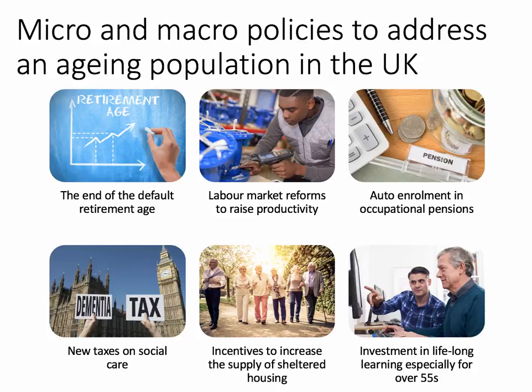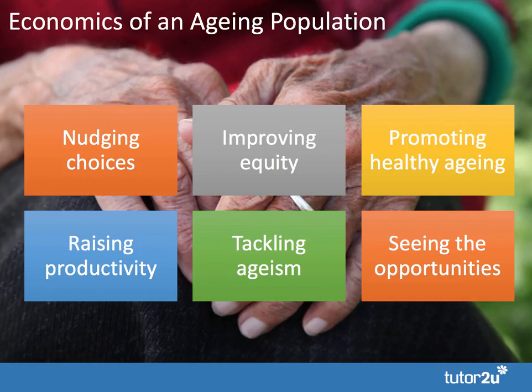Higher migration would improve the situation, as immigrants are typically more likely to be of working age and younger, adding to the working age population and therefore bringing down the dependency ratio. So all kinds of policies that the government could and perhaps should be introducing, anticipating what's going to happen rather than just reacting to it.